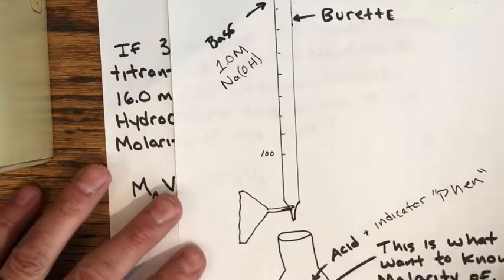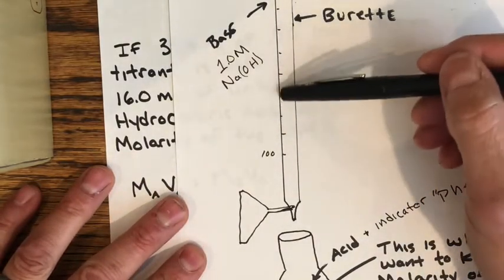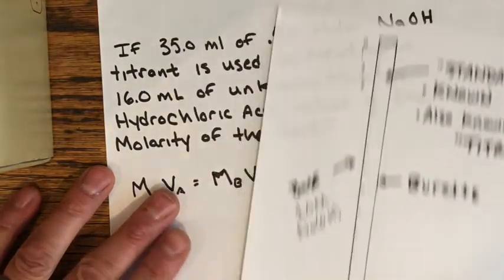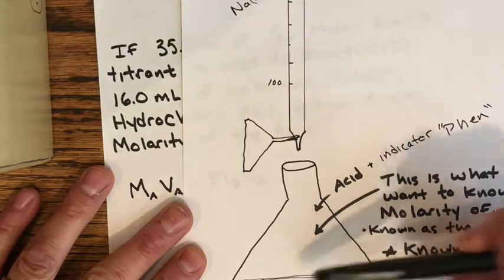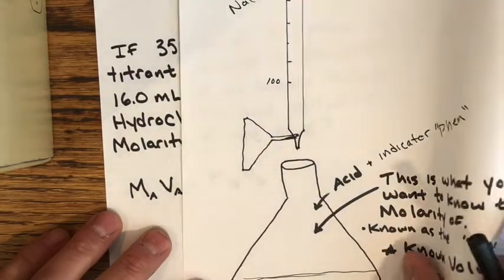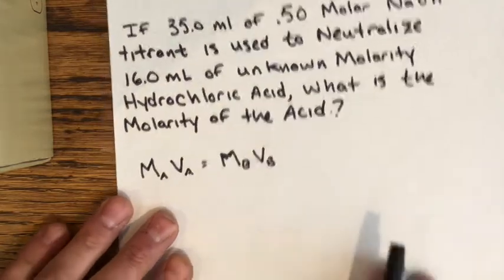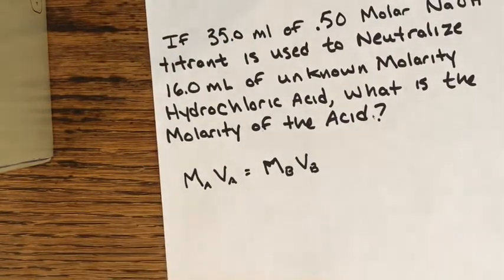And then we're gonna use our 0.5 molar titrant base in here, and it looks like we've emptied 35 milliliters of base into this acid to cause that color change to occur, meaning that we've neutralized it. So let's determine, based on this stuff, what the molarity of that acid is.